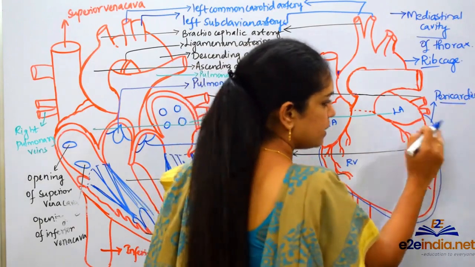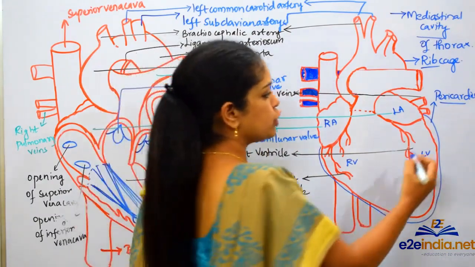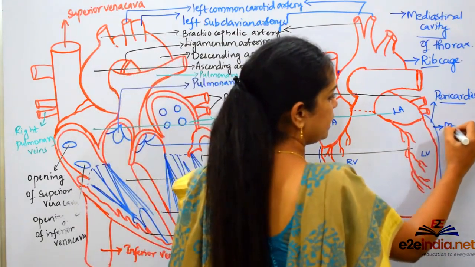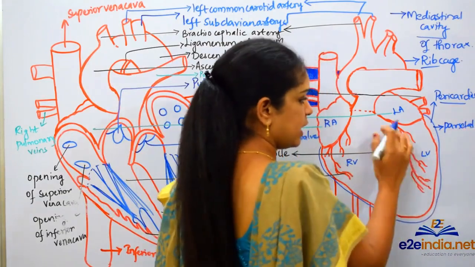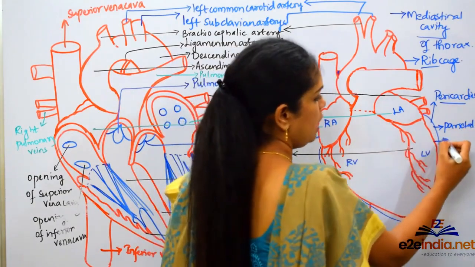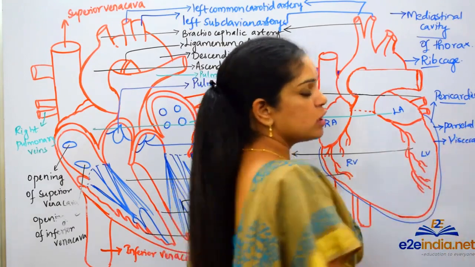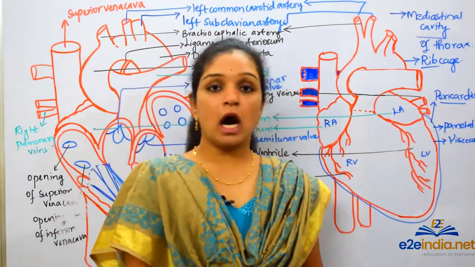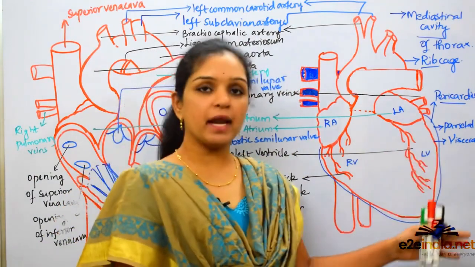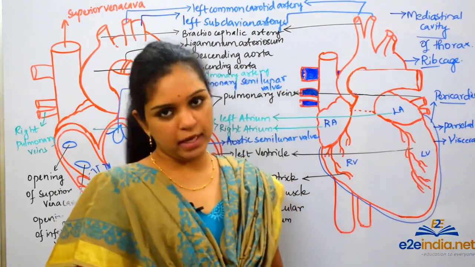The pericardium which is towards the thoracic cavity is usually called the parietal pericardium, and towards the inner side, that means towards the heart wall, it is called the visceral pericardium. So the pericardium is of two different types, outer and inner. The outer one is called the parietal pericardium and the inner one is called the visceral pericardium.